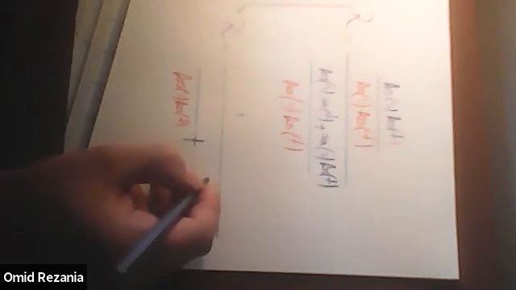It becomes cosine S cosine T, plus sine S cosine T, and cosine S sine T. Everyone is okay? Can you see what I have written? Yes. Awesome.